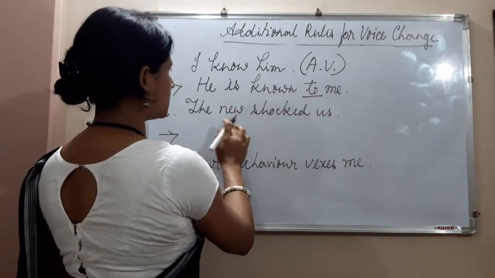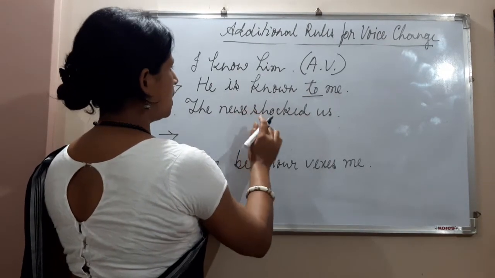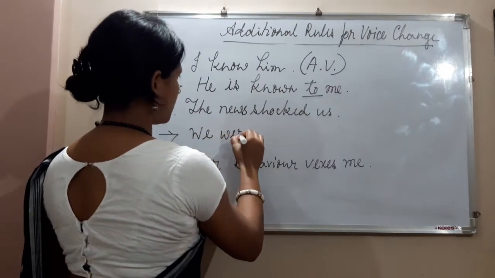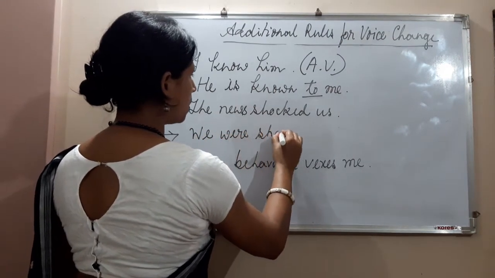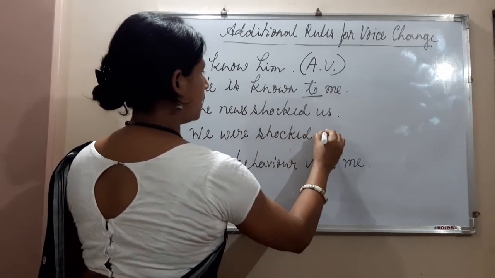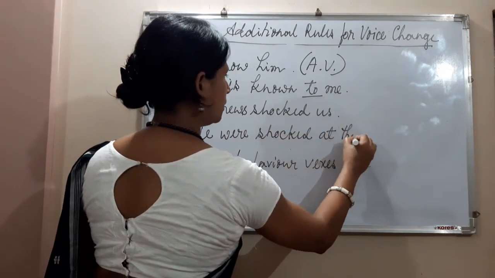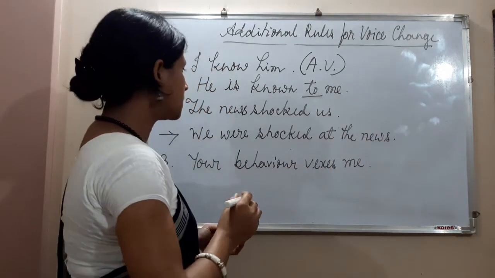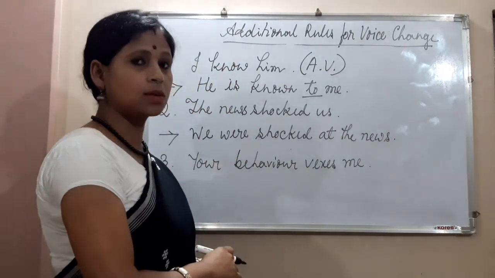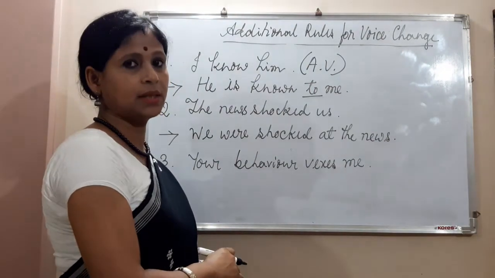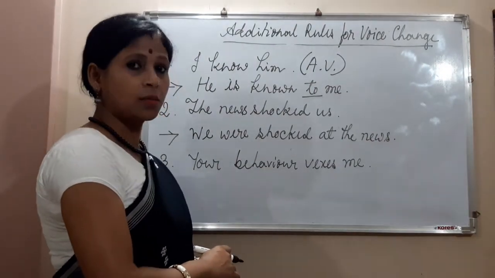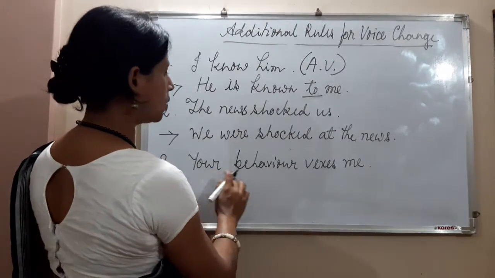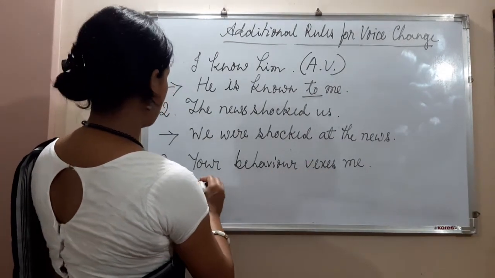The second sentence, the news shocked us. We were shocked at the news. Or we may get the news surprised us also. Then also we will write we were surprised at the news. And the last sentence, your behavior vexes me.